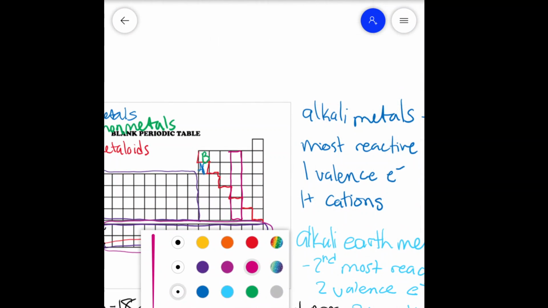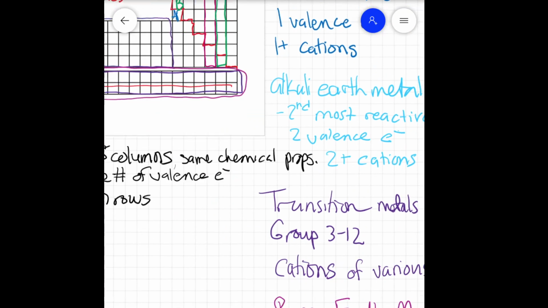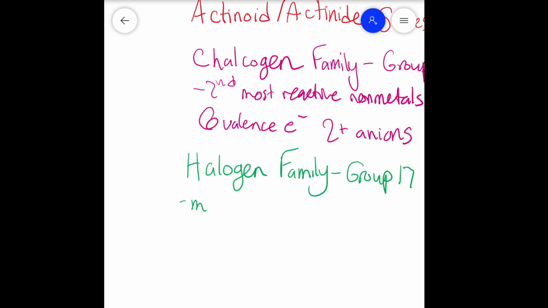The one next to that is the halogen family. That's group 17. And they're the most reactive nonmetals because they have 7 valence electrons.